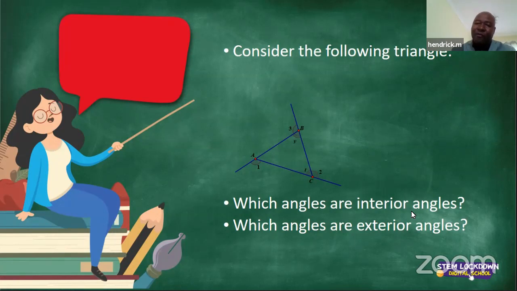Some triangles can have an exterior angle, whilst others will not. But we have to agree that all triangles have interior angles. So at this stage, these are some of the properties: the interior angles of a triangle, as well as the exterior angles of a triangle. Now we are moving to the next slide.